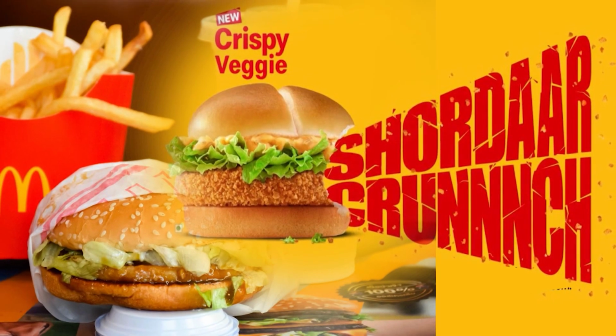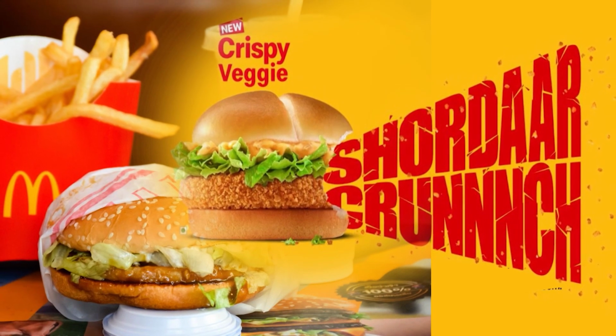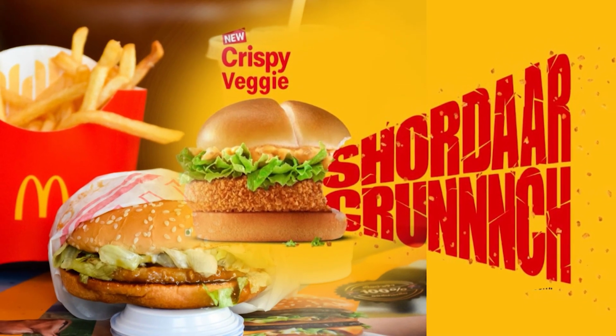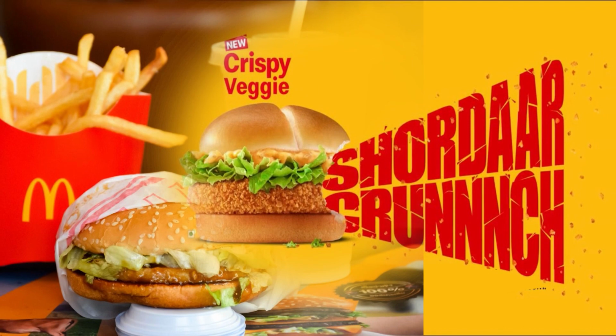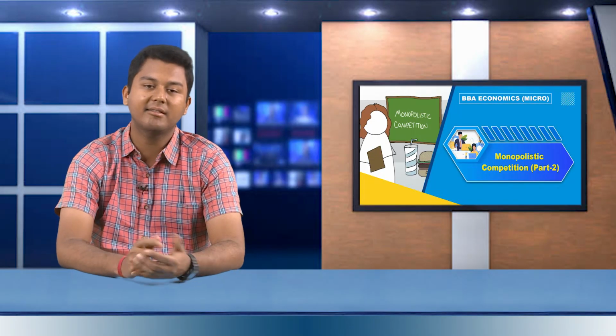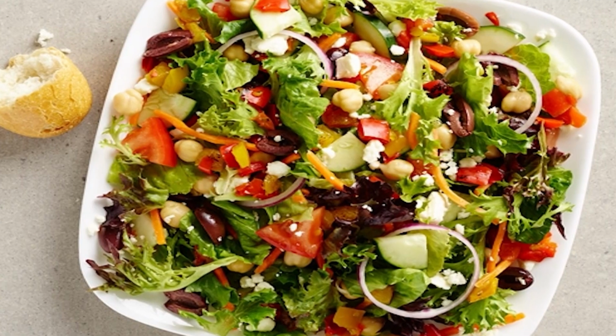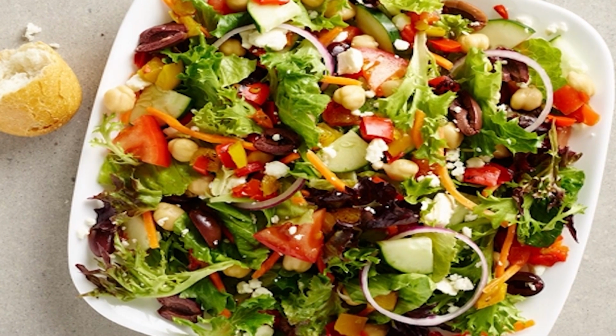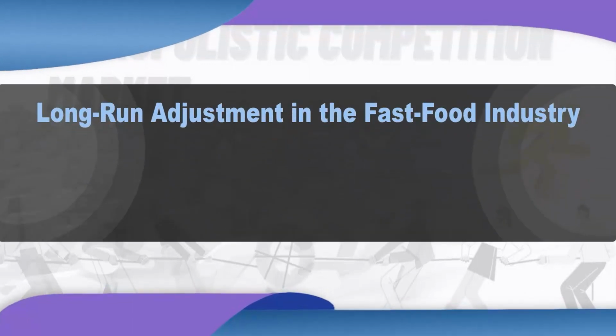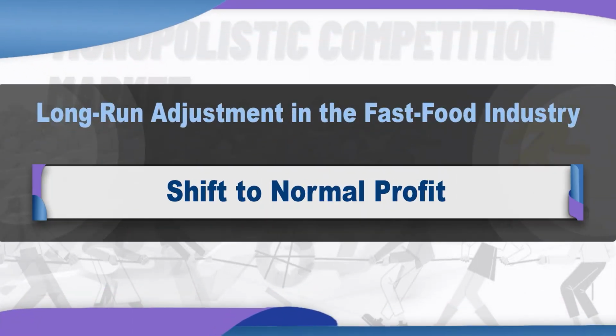For example, when McDonald's launches a popular new product, it might earn a higher than normal profit due to increased demand. However, these supernormal profits attract new entrants. For example, a new local burger chain or health conscious fast food options may enter the market and increase competition. So then there is a shift to normal profit.